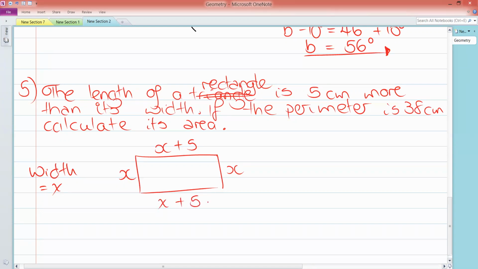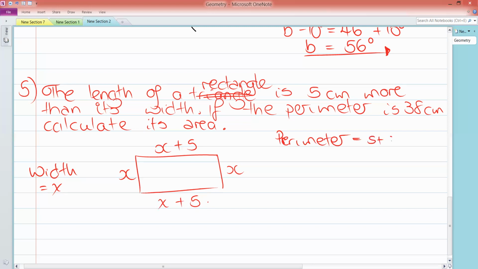Okay, now, they said if the perimeter is 38 centimeters, calculate its area. So first things first, let's set up an equation using the perimeter. Then we're going to figure out what X is, the width. So how can I do that? Perimeter is equal to what? The formula for perimeter of a rectangle, you just add all the sides together.